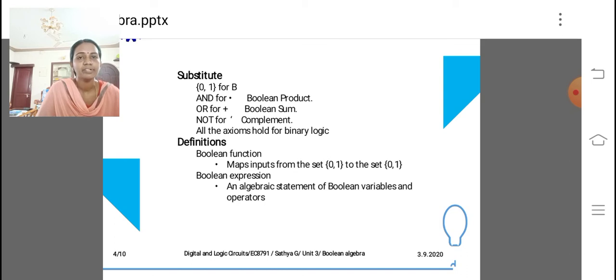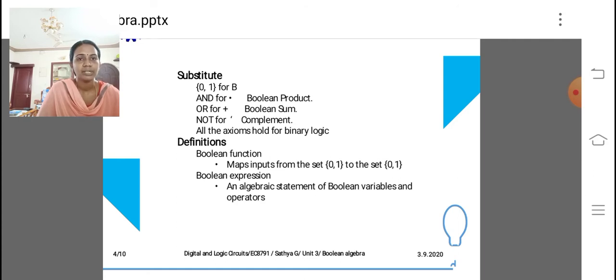The definition of a Boolean function: a Boolean function always starts from the set {0, 1} and ends with the same set {0, 1}. That is the main objective, and it consists of Boolean operators and Boolean variables, all available in a single expression. For example, x plus y is equal to y plus z is equal to a plus b.